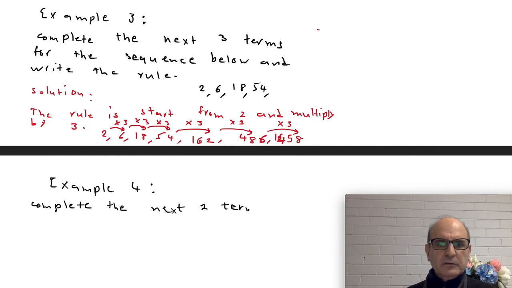So each number is called a term. Complete the next two terms below and write the rule.